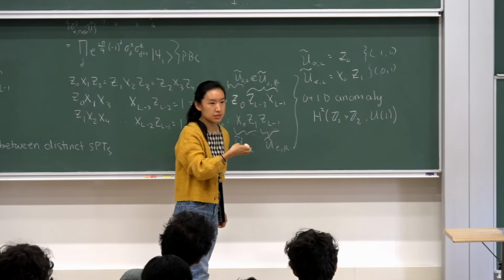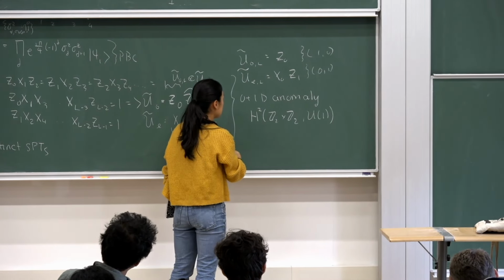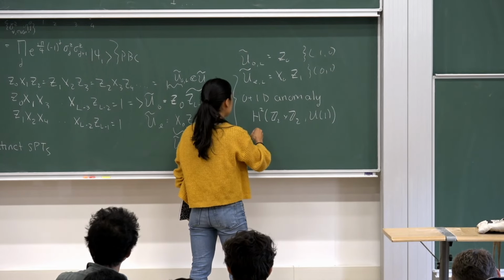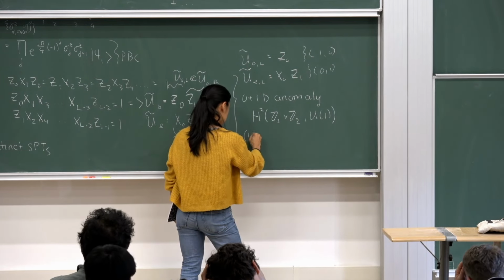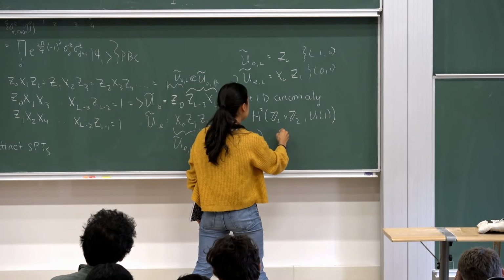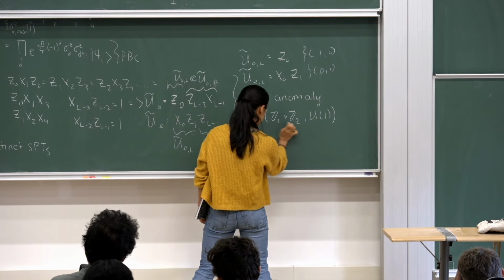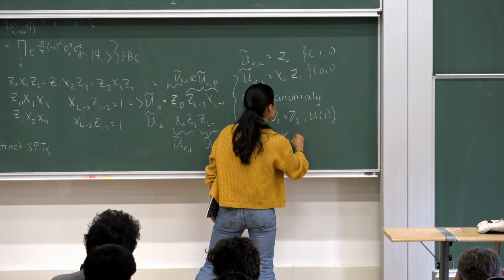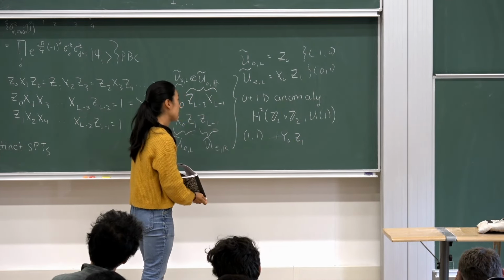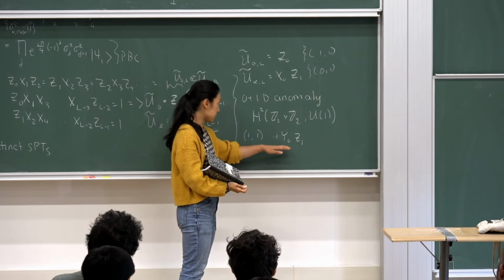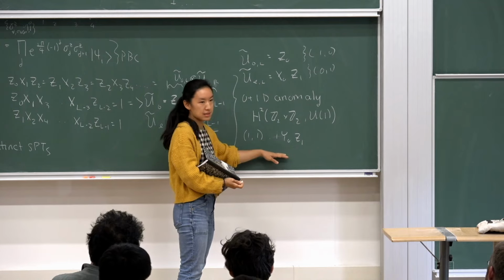And so now we also need a 1, 1 element. And what's our 1, 1 element? Well, let's call our 1, 1 element, say, minus i or i Y_0 Z_1. And now you can see that if I choose my 1, 1 element to be this, then this times this gives minus this.